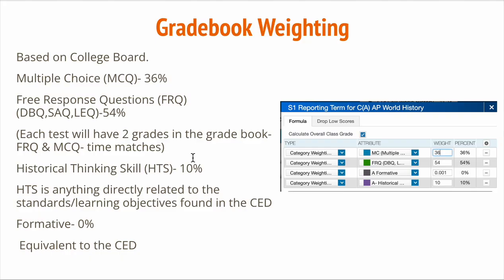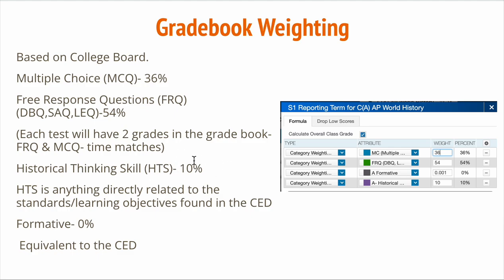So anytime you're doing something related to it outside of an actual written test, we're seeing this 10% here. Now I do have a formative category in here, as you can see right there. It's 0% of your actual grade. The formative is just all of the other activities and homeworks that I might assign. Those are worth 0%. When you demonstrate the skills, or the learning objectives, that's 10%.